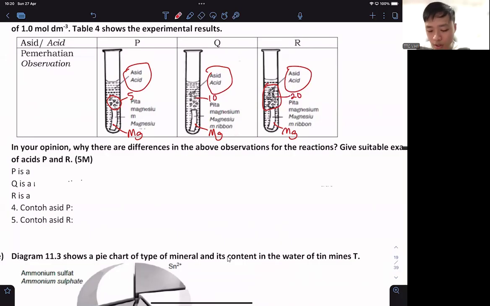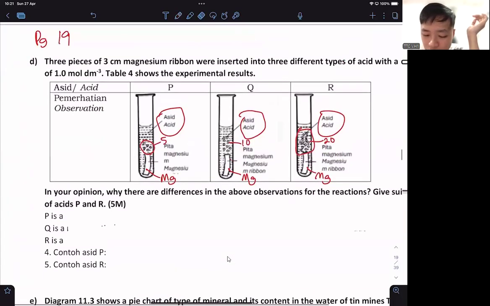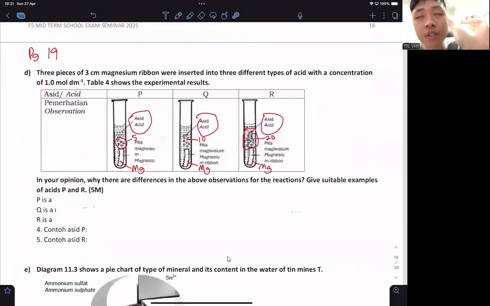In this case, you can just differentiate. They say the concentration is the same, which means the difference will be which type of acid you are using. So you can split: one is strong, one is weak, correct?